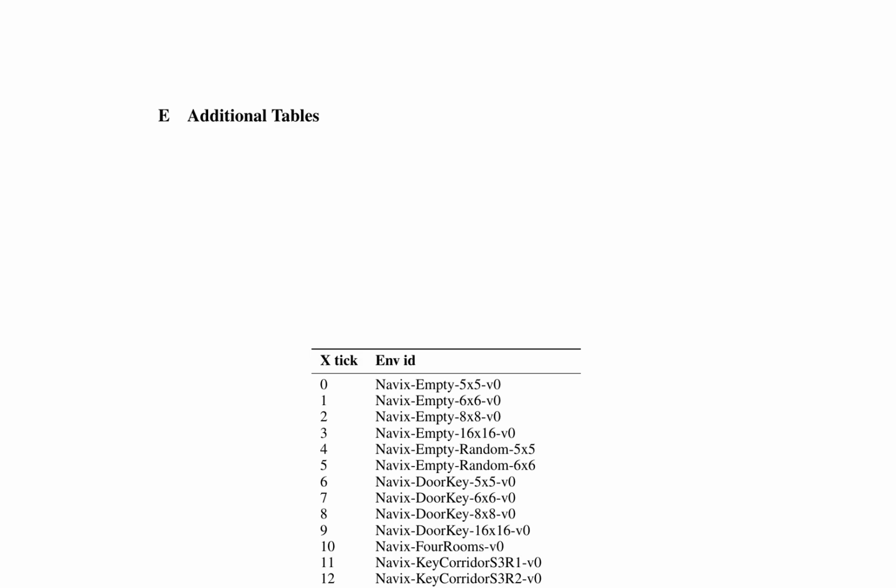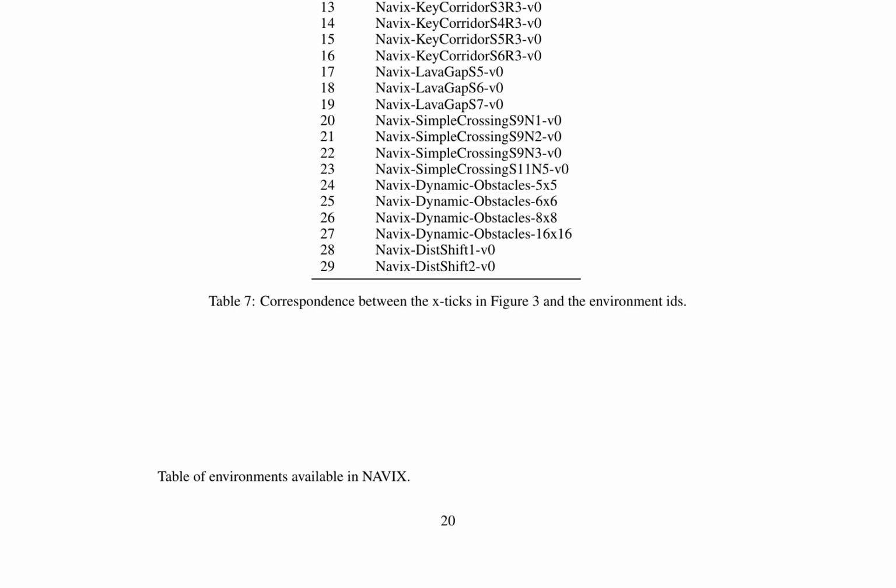Table 7 provides a comprehensive list of environments available in NAVIX, along with their corresponding IDs. The table includes a diverse range of environments, such as empty grids, dorky environments, 4 rooms environments, and dynamic obstacle environments. This extensive collection of environments enables researchers to evaluate their algorithms in various settings.